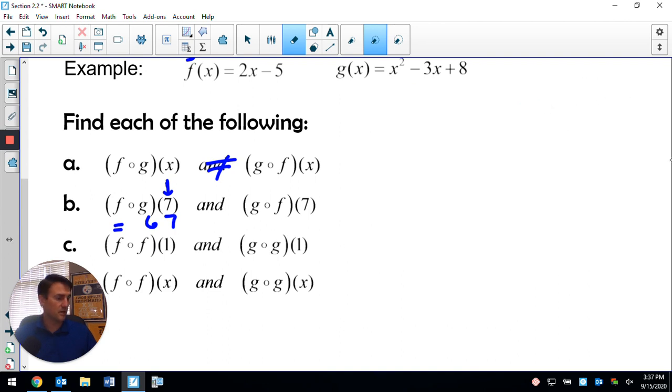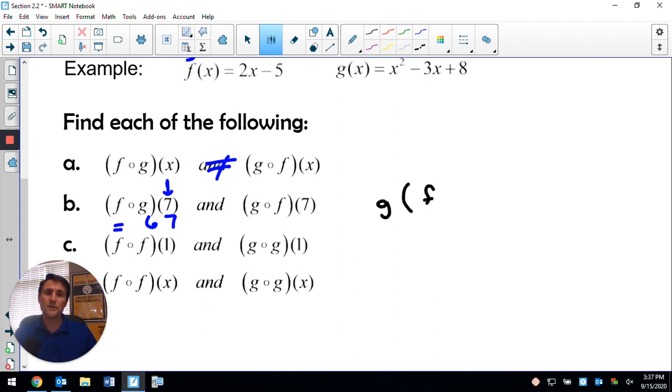Let's start over and do the other composition. This time we're going to go in the other direction. G of f of 7. That means we want to find f of 7 first and plug it into the other function. F of 7 is 2 times 7 minus 5. That's 14 minus 5 is 9. So really what we want to find is g of 9.